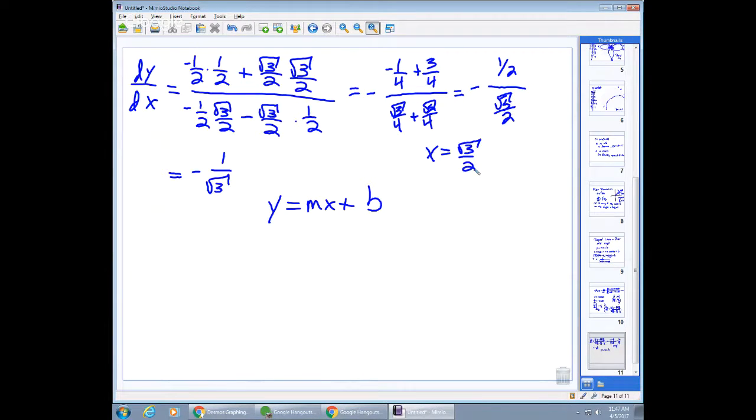And the cosine of pi over 6 is the square root of 3 over 2, which gives me 3/4. And y is r sine theta. R at this point is the square root of 3 over 2. And let's see, sine at pi over 6 is 1/2. And so then we get square root of 3 over 4 is the y value.